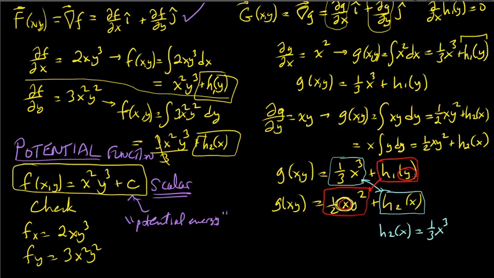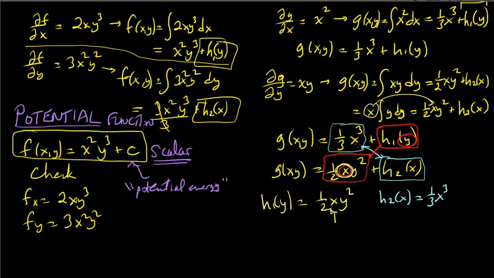This h1 of y, the only thing that it could be is the other term here, the 1/2 xy squared. But it's not just a function of y. If it was just 1/2 y squared, that would be okay. But remember, the x is certainly a factor of this integral here. So there's no match. These things don't match.